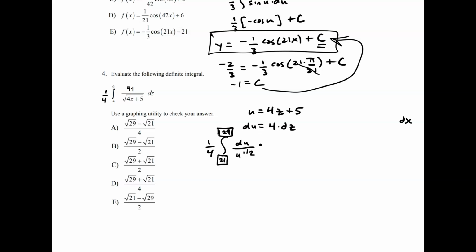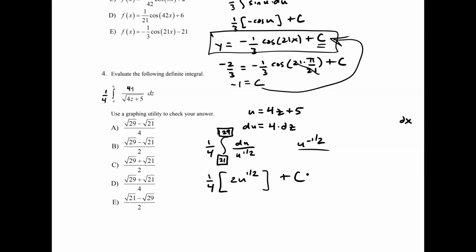The advantage of doing it this way is now this is an entirely new problem at this point. So I would say I have 1/4, so I have to do the antiderivative of u to the negative 1/2. So I'm going to have to add 1 to that exponent. So that's going to be u to the positive 1/2. And I take the reciprocal of 1/2, which is 2, and that goes in front.